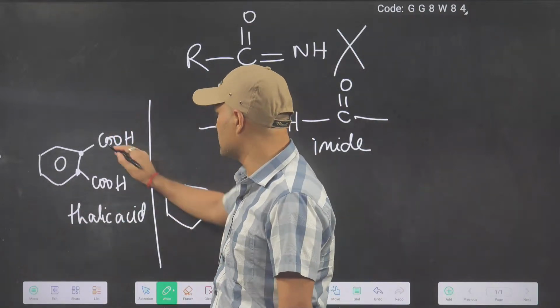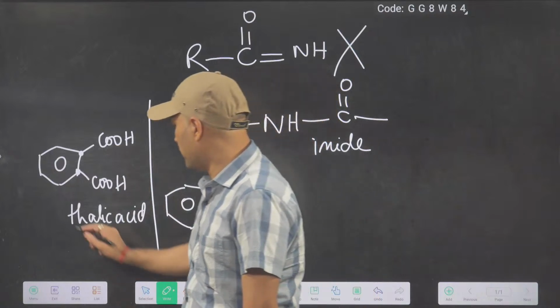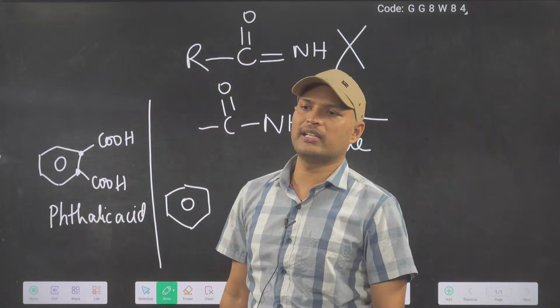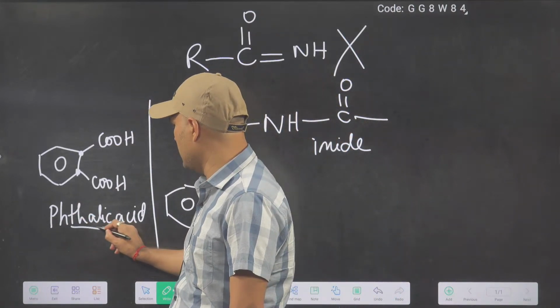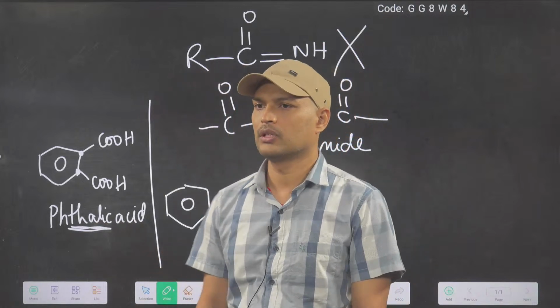Common name of this dicarboxylic acid is phthalic acid. But the spelling is a bit different. PH is written in beginning, PH silent. What is the name? Phthalic acid.